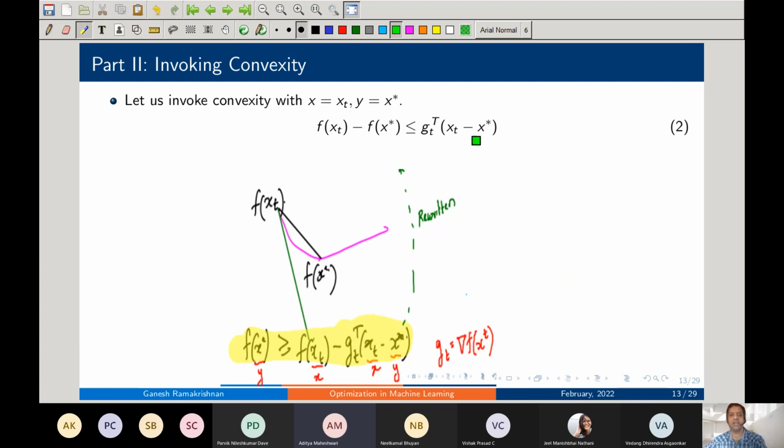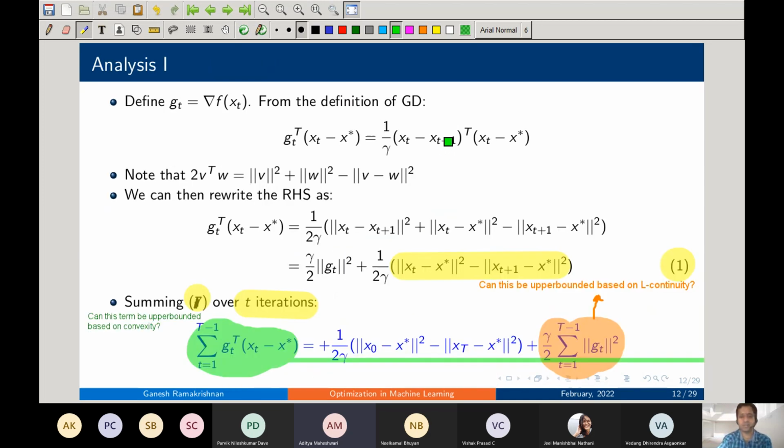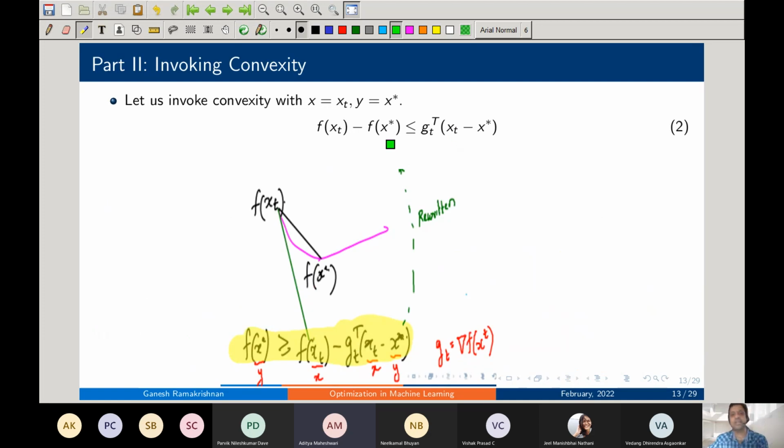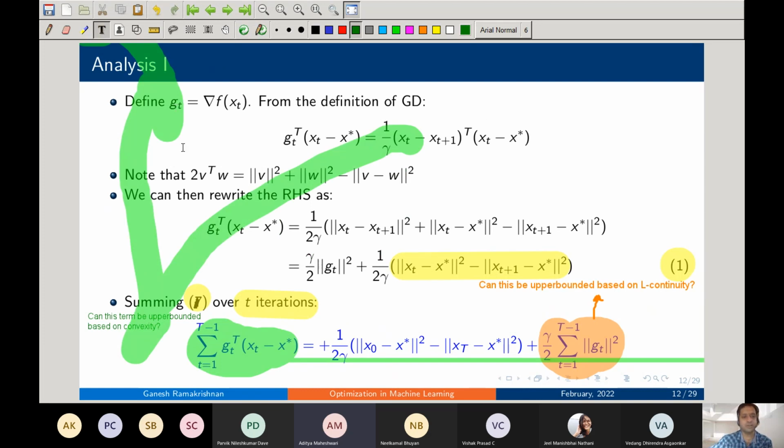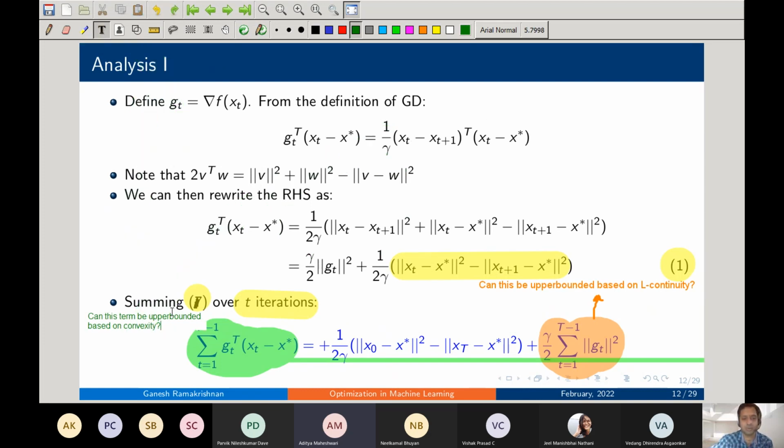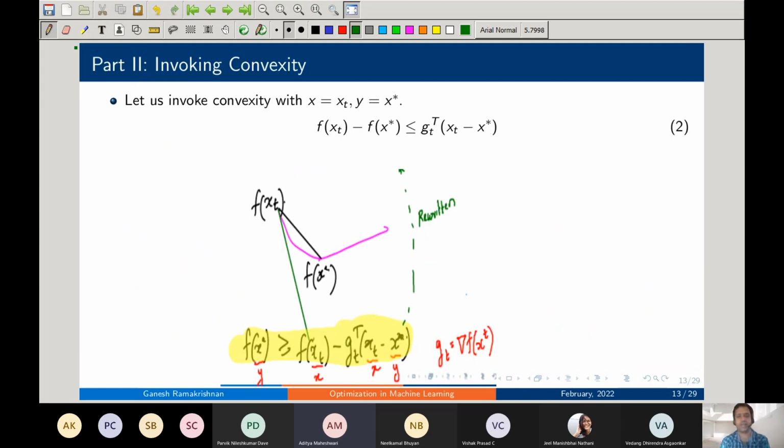So gt transpose xt minus x star is bounding f of xt minus f of x star. Actually I should be using lower bounded. We'll be lower bounding this, but let's proceed one at a time. I've given hints here, but let's see how it pans out.